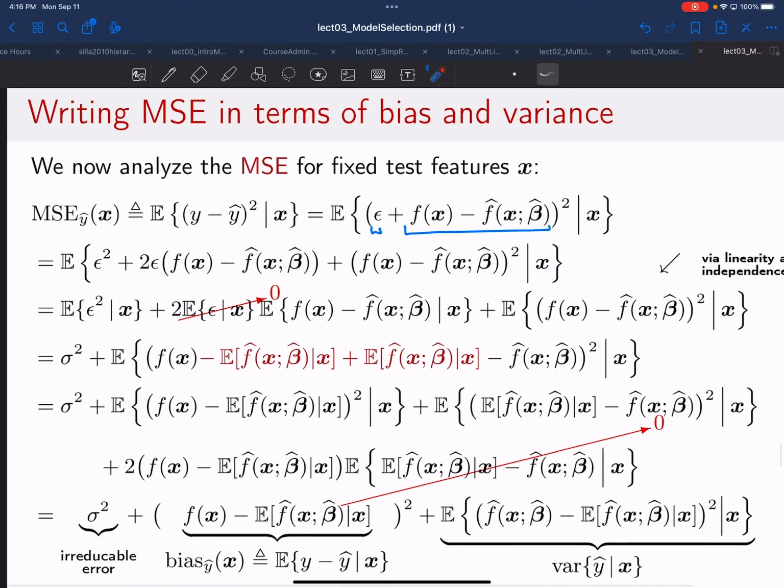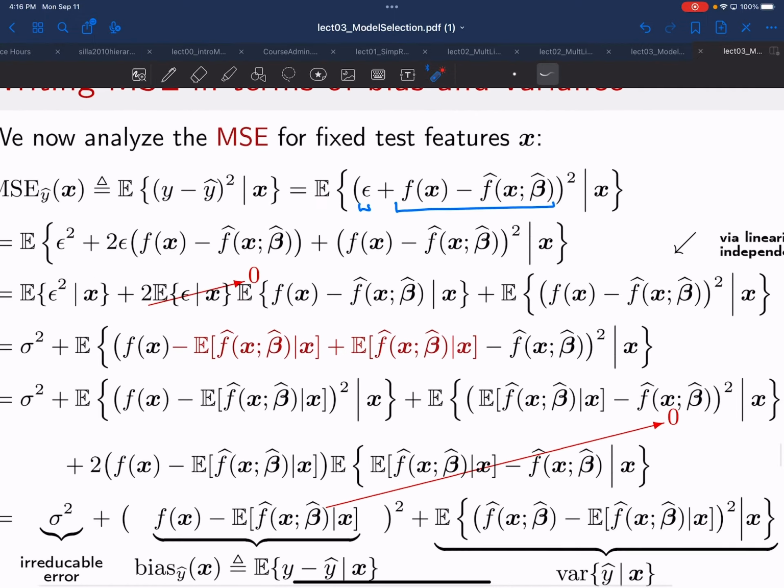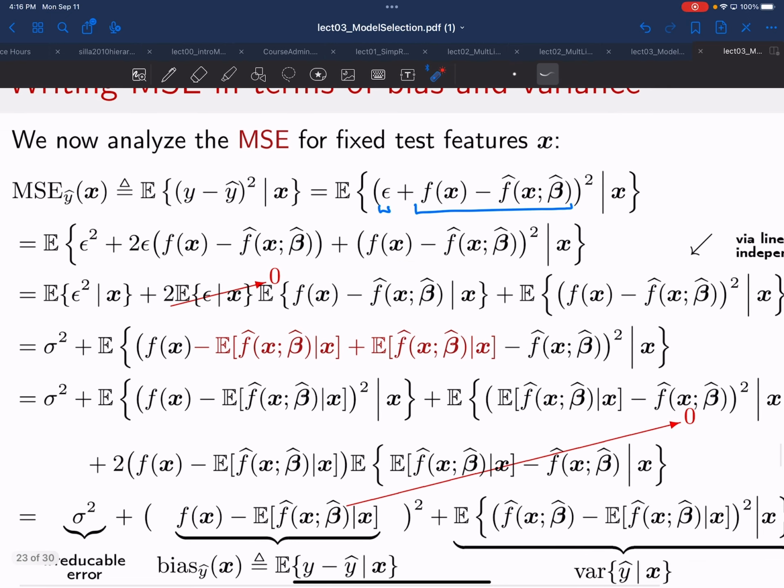Now the next thing we're going to do is apply the linearity property. We have an expectation of a sum of 3 terms. We know that can be written as the sum of the expectations. Mind you, these are all conditional expectations where we're conditioning on x.